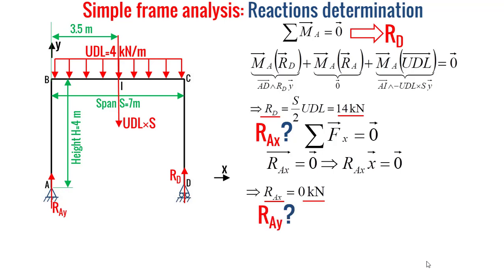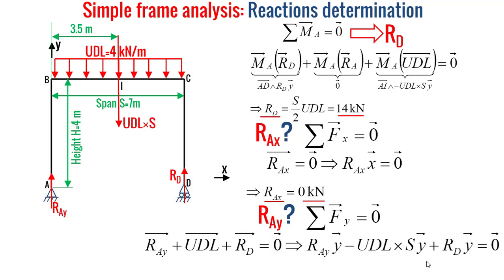And in order to determine the reaction at A along y, we have to apply the static equilibrium equations of forces along y, and we will find finally that the reaction RAY will be equal to the span multiplied by the UDL minus the reaction at the point D, which will give finally 14 kilonewton.